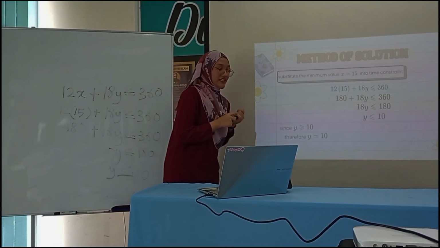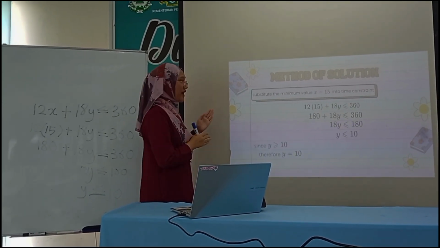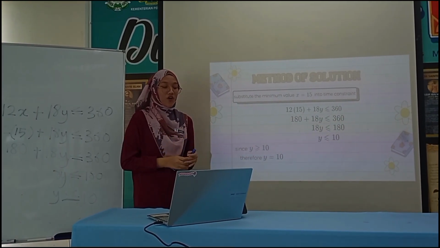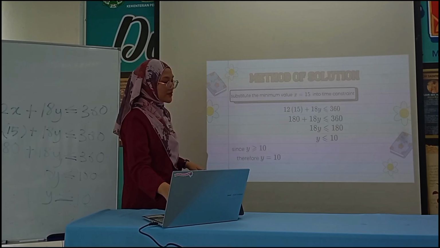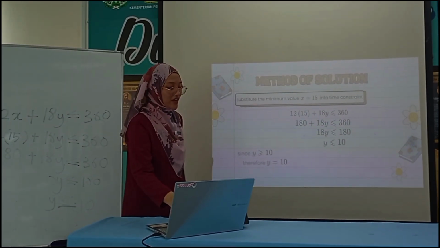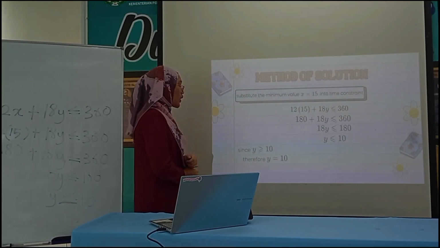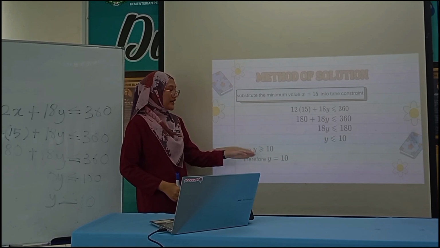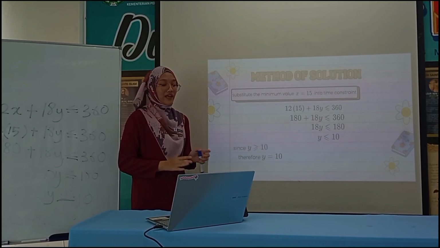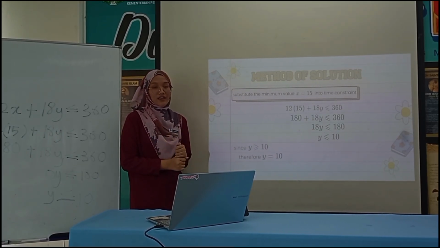So this means if you produce 15 units of x, you cannot produce more than 10 units of y without exceeding the available time 360. However, from the minimum demand, y is more than or equal to 10. Therefore, the only value that satisfies both conditions is y equals 10.